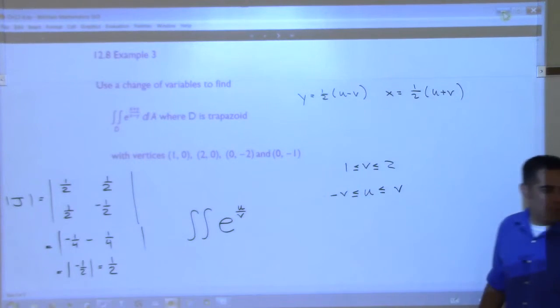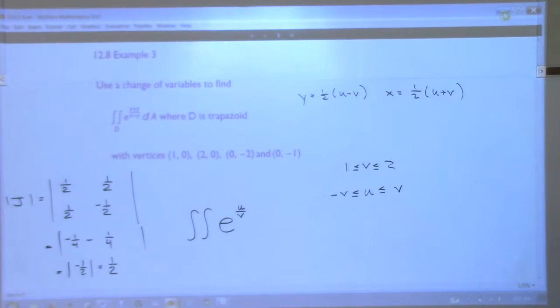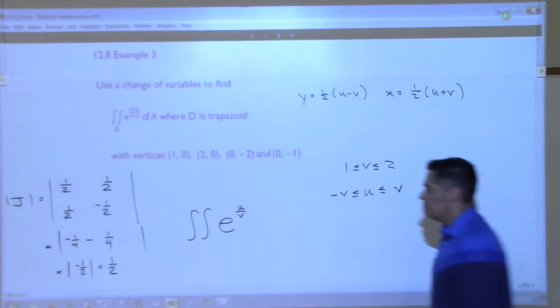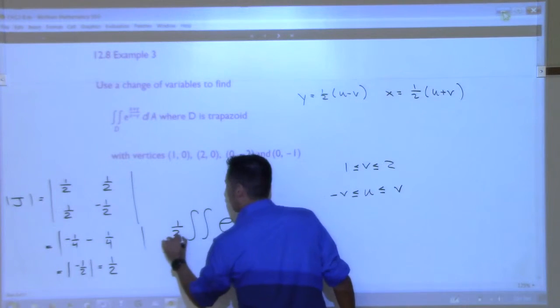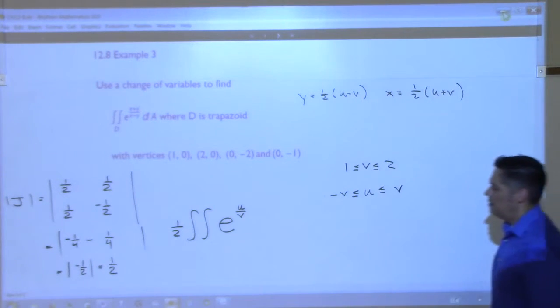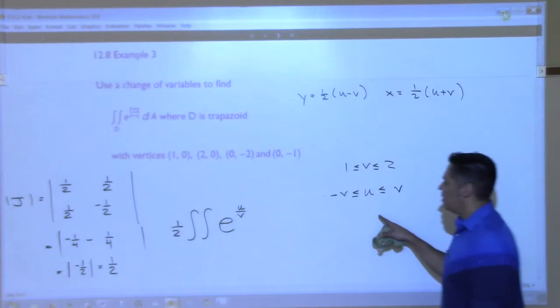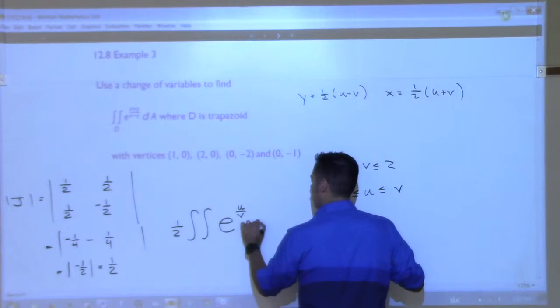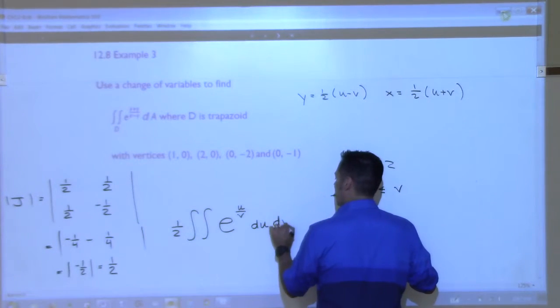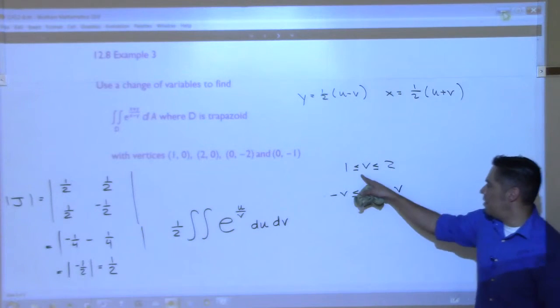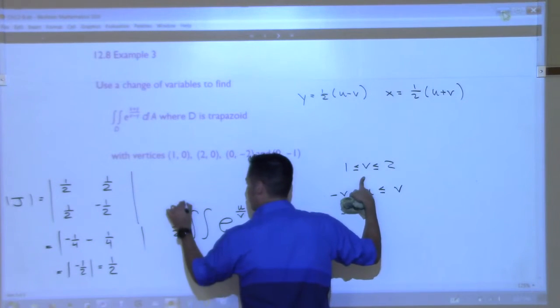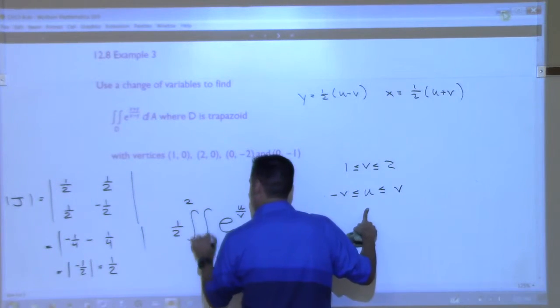That's what we were shooting for. And then the Jacobian, 1/2, pull it out. And then our order of integration here is no longer up to us. So we're going to go du first, then dv, because v has the constants on it. So we're going to go 1 to 2 here, and then negative v to v there.